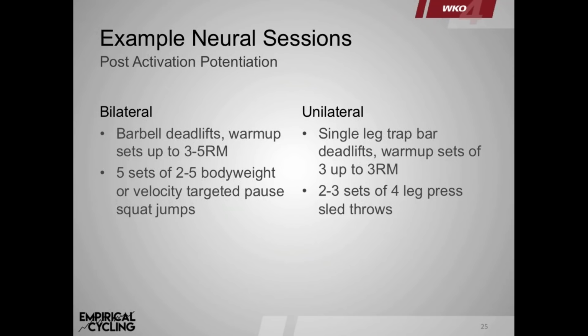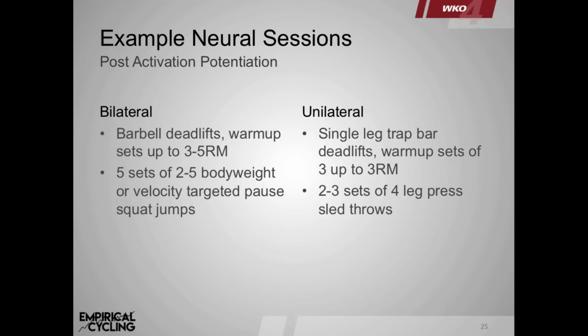So in terms of a bilateral session, I'll have athletes do some barbell deadlifts, warm-up sets up to a 3 to 5 rep max, and then rest a little bit, do 5 sets of 2 to 5 body weight or velocity targeted pause jump squats. And in terms of unilateral, single leg trap bar deadlifts, warm-up sets up to a 3 rep max, 2 to 3 sets after that of 4 leg press sled throws. Those are a lot of fun. So if you haven't done a leg press sled throw, try it.